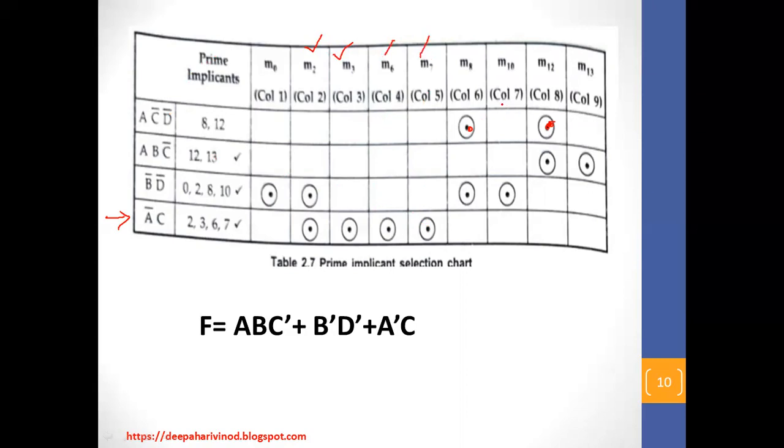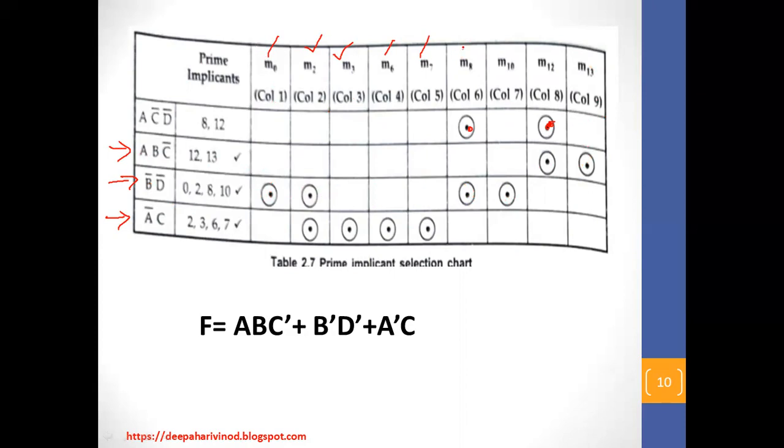Next check. For 10 we don't have any other, and for 13. So to cover 10 we need this one, and to cover 13, this is necessary. Now if I choose this, it covers 10, and 2 is already chosen.